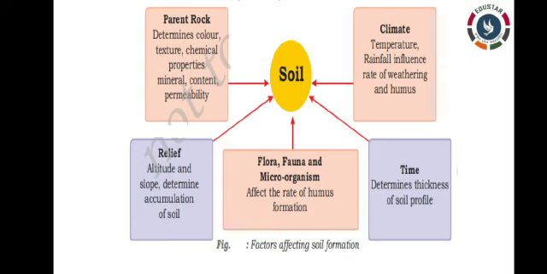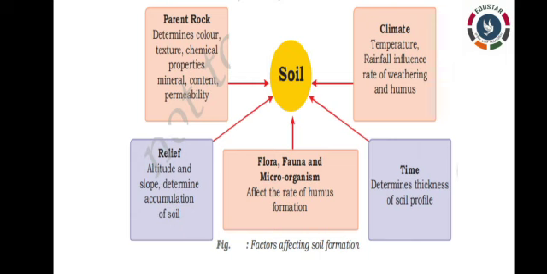Time is required to determine the thickness of the soil profile. Last is climate. That is temperature and rainfall, which influence the rate of weathering and humus. It affects the quality of soil. Then automatically it will affect the growth of plants. So climate is too essential for soil formation.